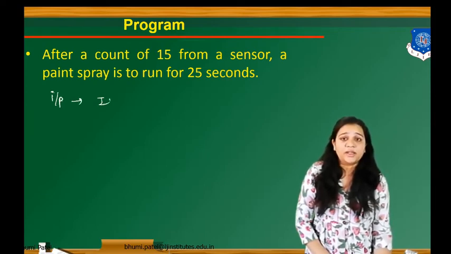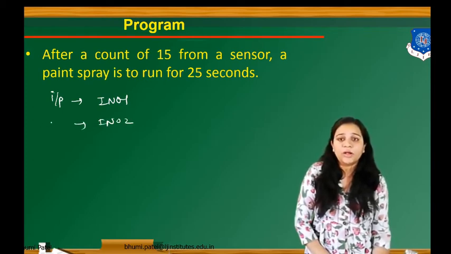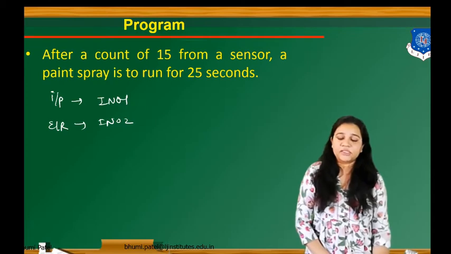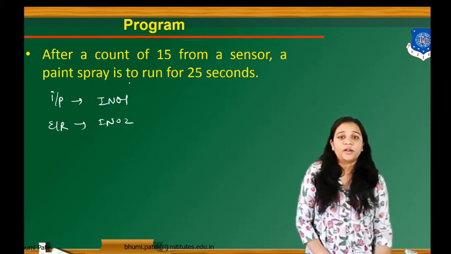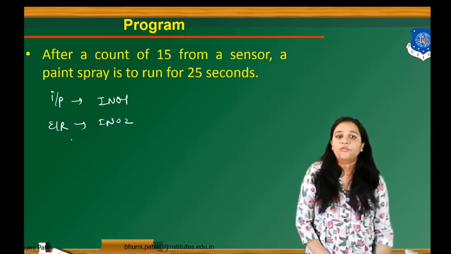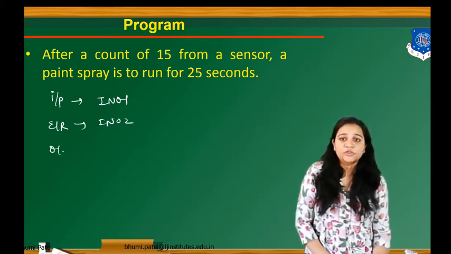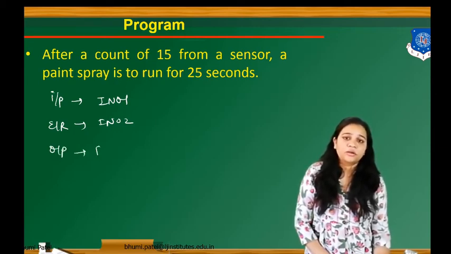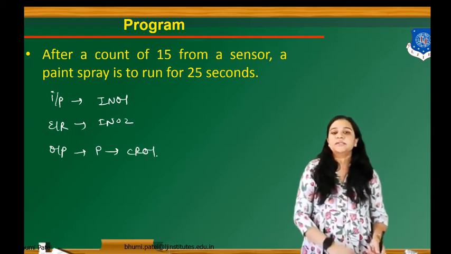IN01 is my input switch and IN02 is my enable or reset switch. Okay, and after a count of 15 from a sensor, a paint spray is to run for 25 seconds. So we can take some output P and the output coil name is CR01.